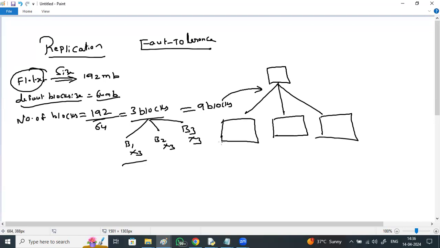Total 9 blocks. So the 9 blocks go across S1, S2 and S3, 3 slaves, 3 systems, with B1, B2, B3 on one, then B3, B1, B2, and B2, B3, B1 on the others. The 9 blocks are stored across the 3 systems.